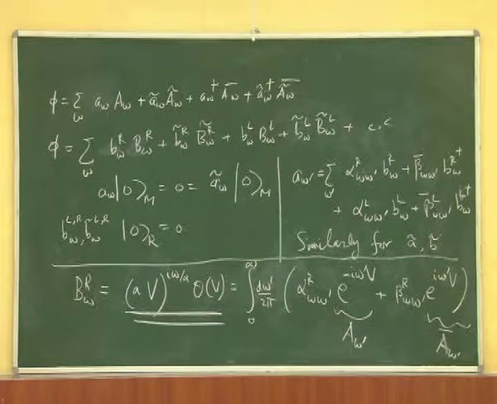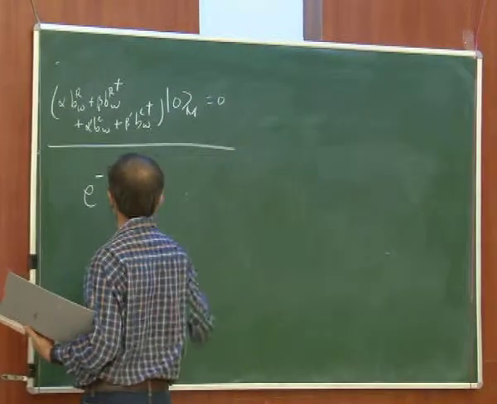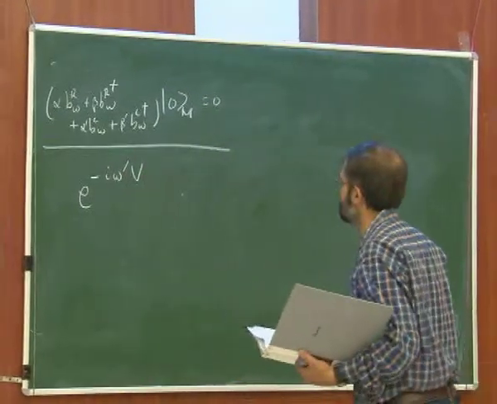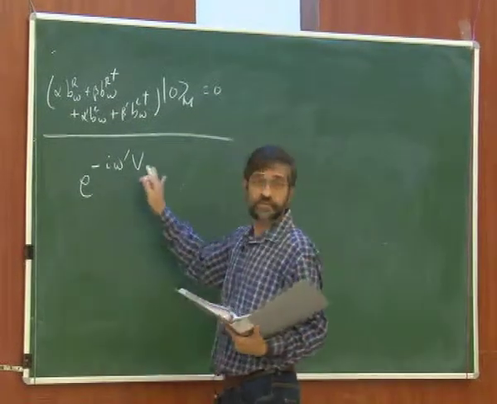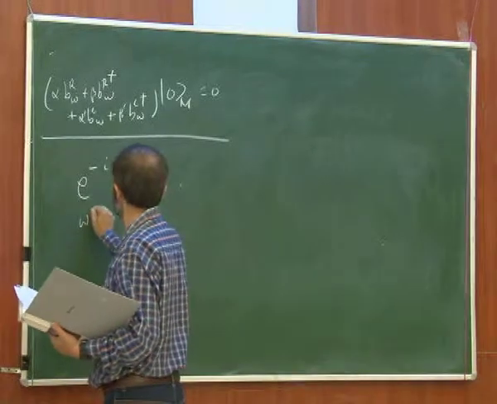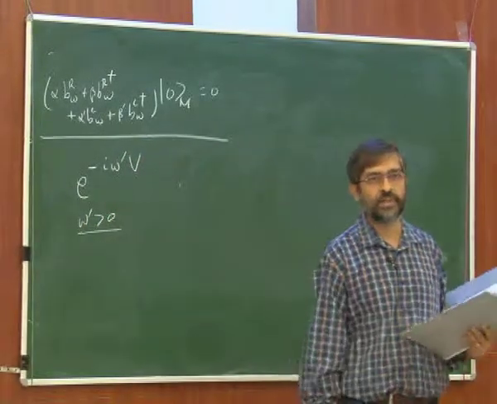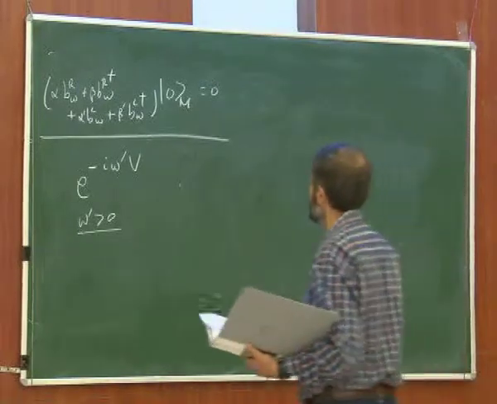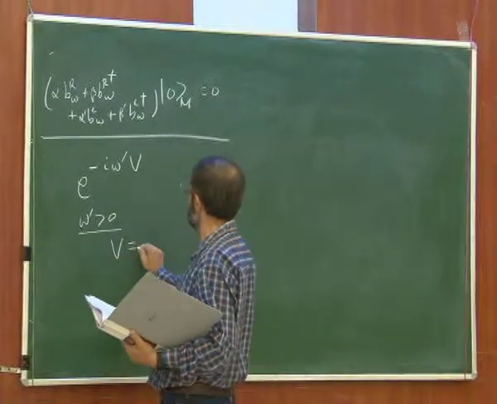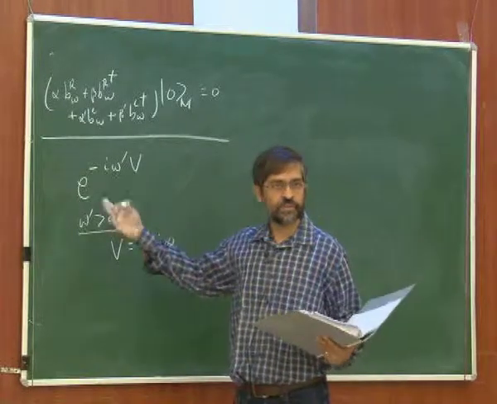Why lower half? Because look at the behavior of this Minkowski mode, where omega is positive. This is analytic in the lower half plane. In particular, put V equal to minus i infinity and you will get 0, which is a good answer.